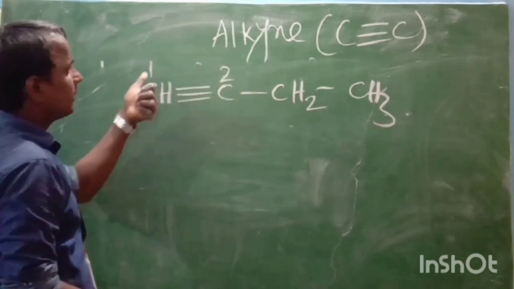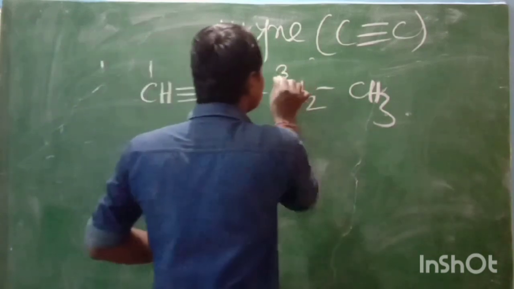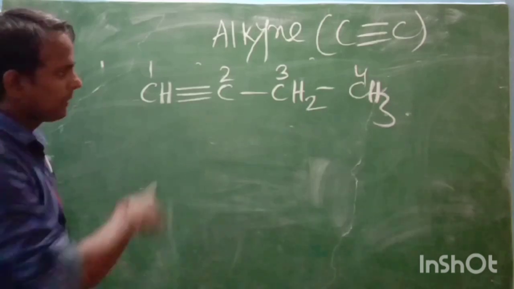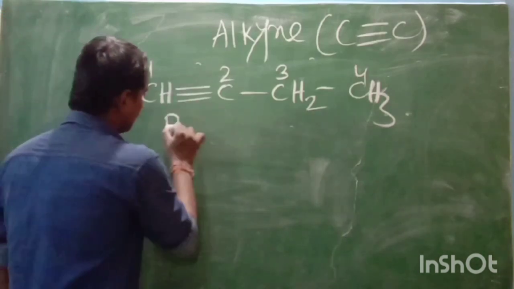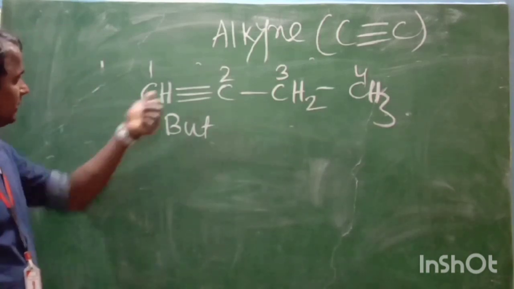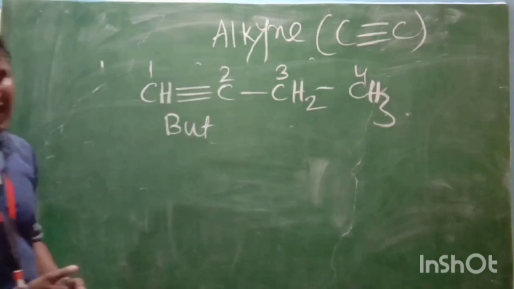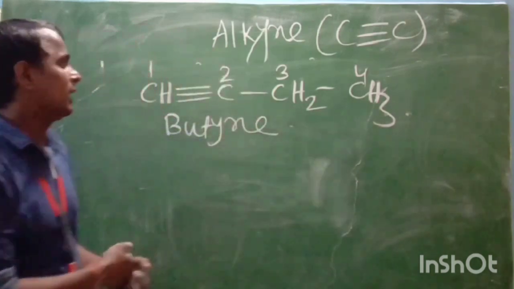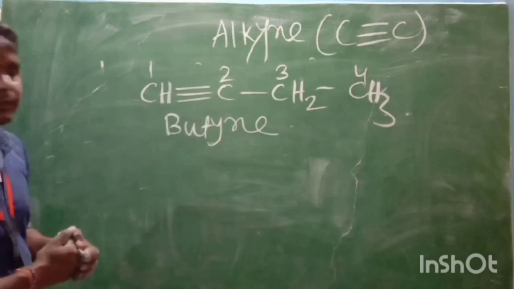From this side we number 1, 2, 3, 4. The number of carbons is 4, so the root is but, and for a carbon triple bond, that means alkyne, we add the suffix yne. The name of this hydrocarbon is butyne.